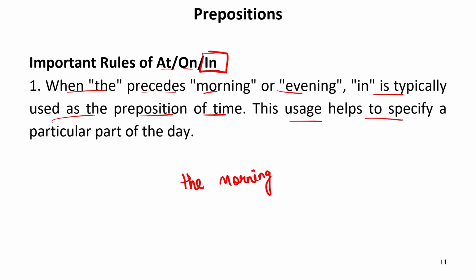This usage helps to specify a particular part of the day. For example, in the morning, in the afternoon, in the evening. It means if we are using preposition in with any parts of the day, it is necessary to use the. We cannot say in morning. No, in the morning is the correct phrase to be used over there.